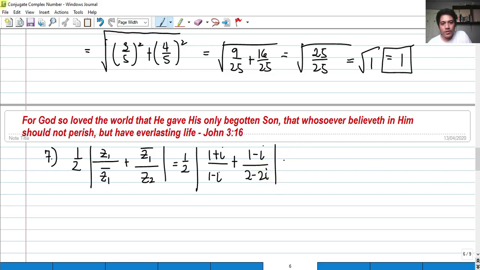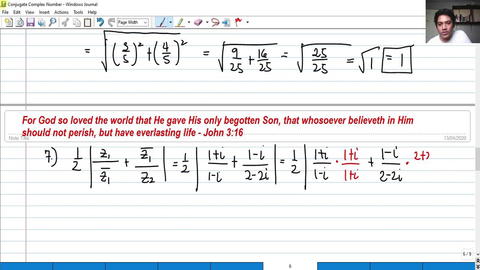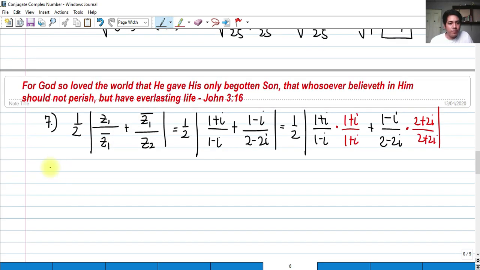So first, what we need to do is to evaluate the first term, multiply it by its denominator's conjugate, 1 plus i over 1 plus i, and that is plus 1 minus i all over 2 minus 2i, and we multiply it by the conjugate of the denominator, 2 plus 2i over 2 plus 2i. Okay? So what we're going to do, simply evaluate.